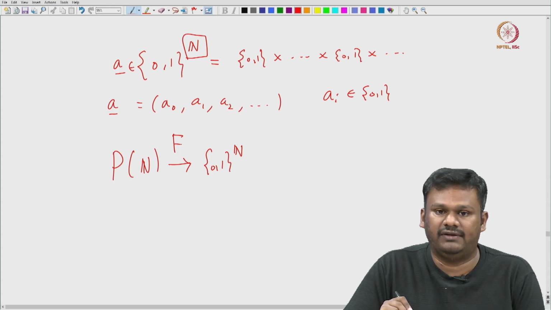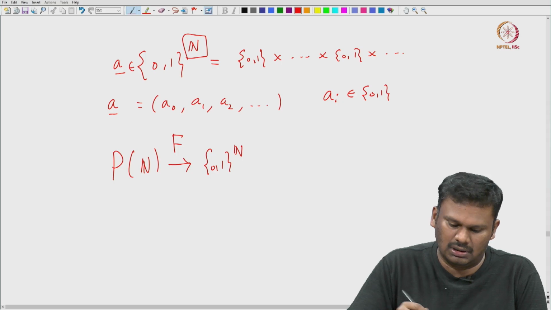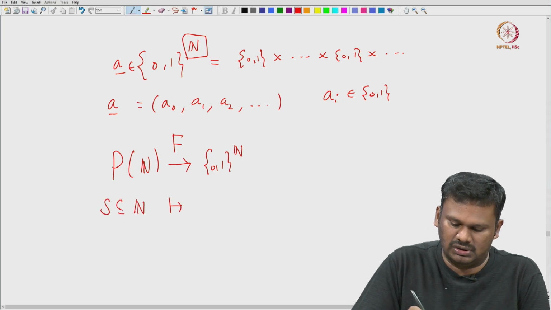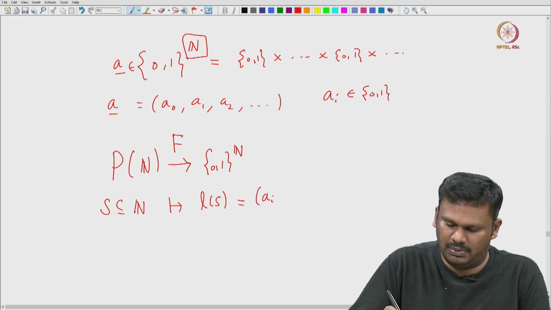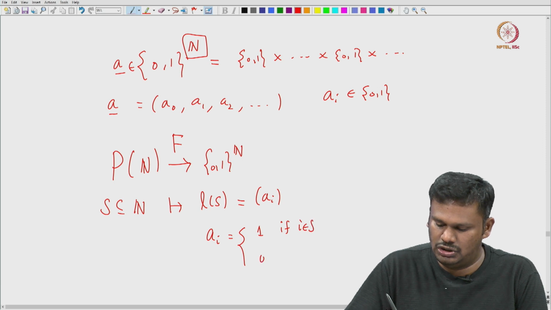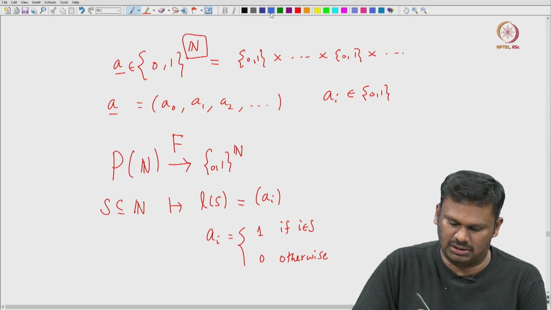The way we are going to define this capital F is very similar to what we have done before. We pick a subset S of N and then we associate this L of S. Now L of S is given by a tuple a_i, where a_i is exactly 1 if i comes from S and 0 otherwise. And this function is going to be a bijective function.